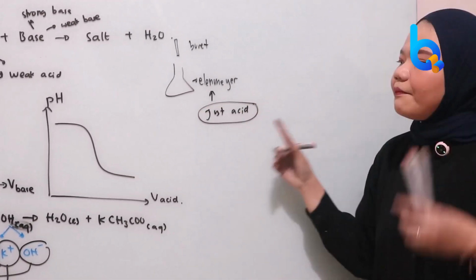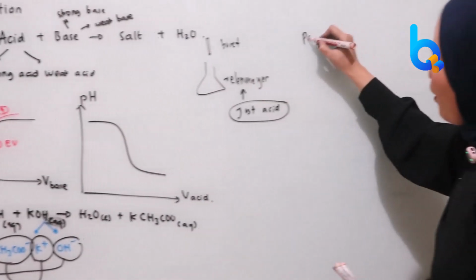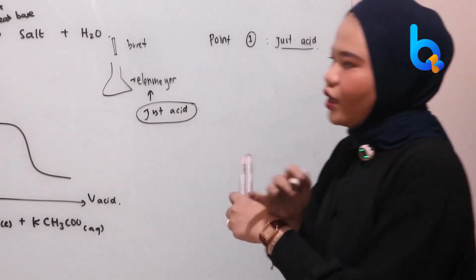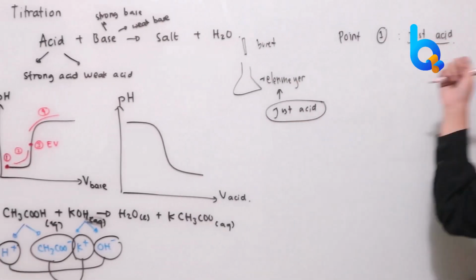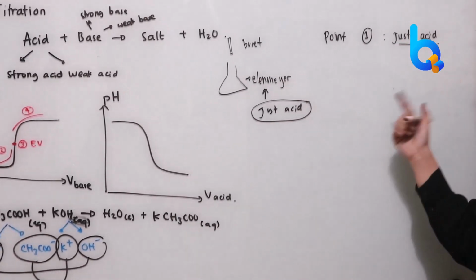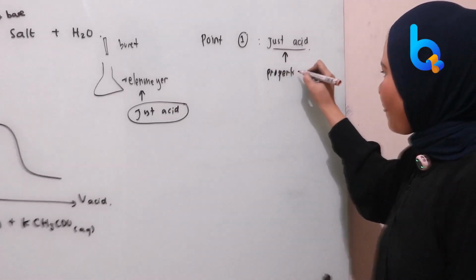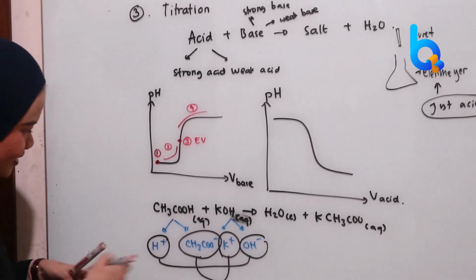So because of that, the pH in point 1, so point 1 is just acid, because no base is put in the Erlenmeyer at this point. Because it is just acid, we just look carefully at the properties of acid. CH3COOH. So this is a weak acid.